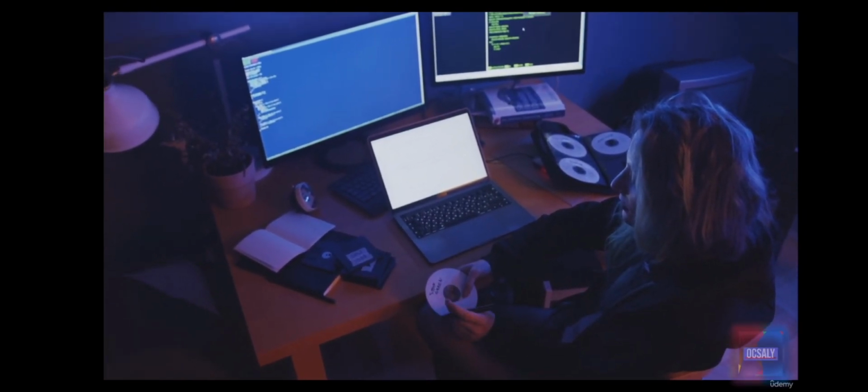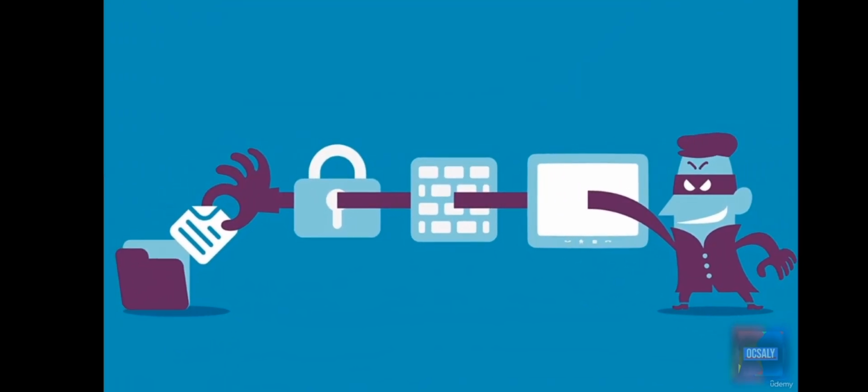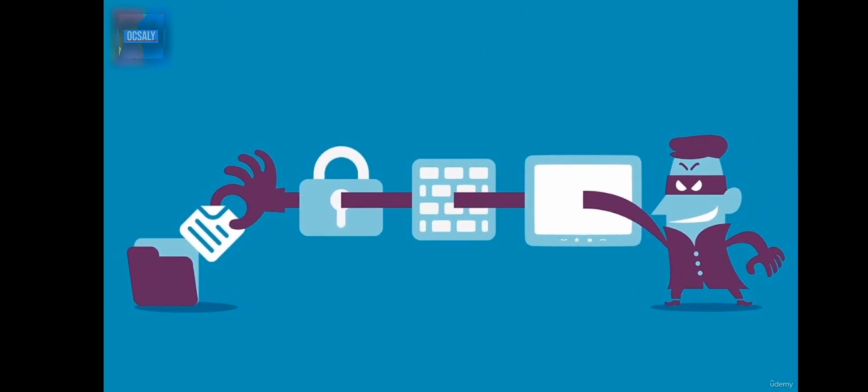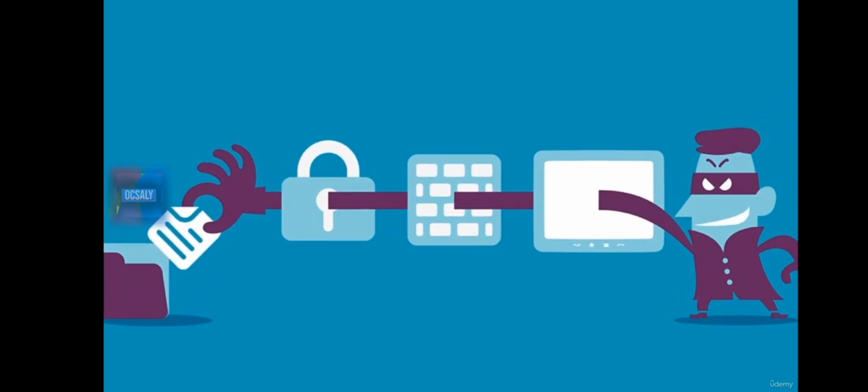Passive means uses an indirect approach and does not engage the target. Active means directly engages the target to gather specific details. Next, we will dive into understanding footprinting in ethical hacking.